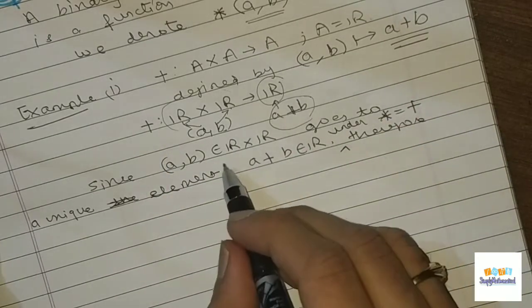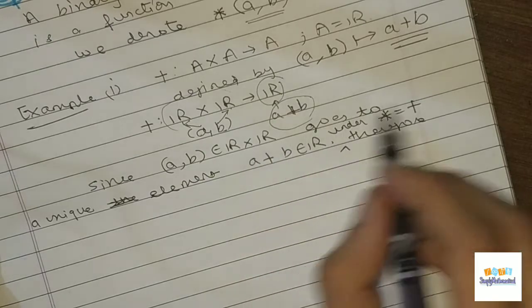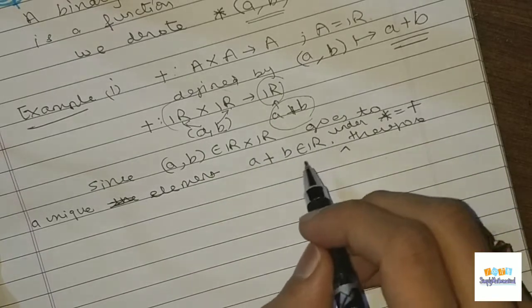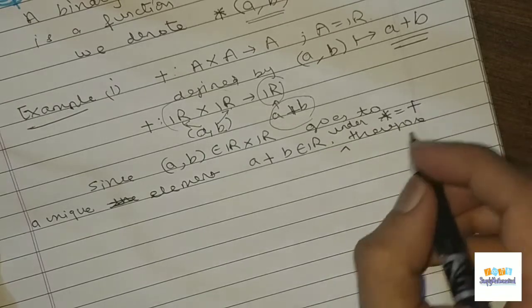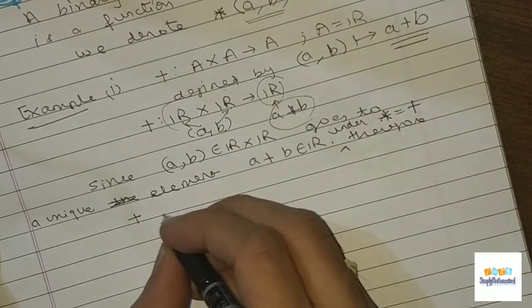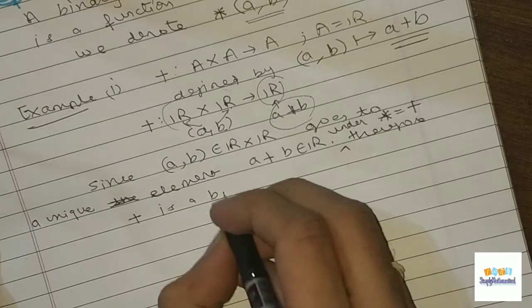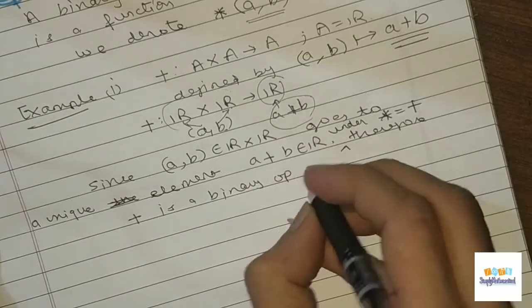So since (a, b) belonging to the set R cross R goes to a unique element a plus b belonging to the set of real numbers under star, which is plus, therefore addition is a binary operation.